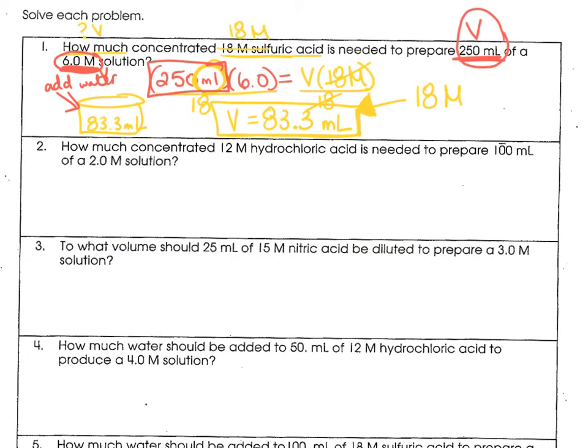On the next problem, I have 12 molar hydrochloric acid, just like my example at the beginning of this video, and it wants to know how much of that I am going to need to go and get. So I've got 12 molar solution, and I don't know how much I'm going to need to get.